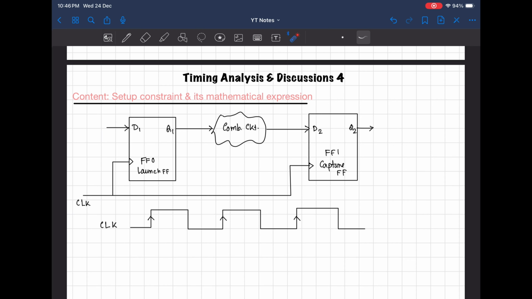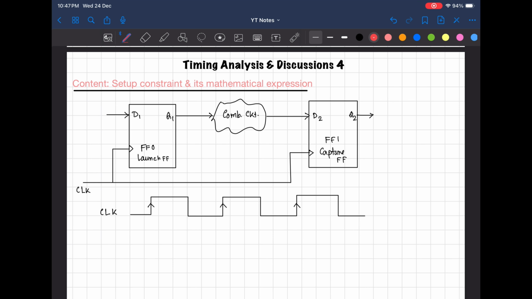Suppose you want to sample the data at the positive edge of the clock. To properly sample it, the data should be stable for some time before that clock edge. That minimum amount of time needed before the clock edge to sample the data is the setup time. This is a very simple definition.